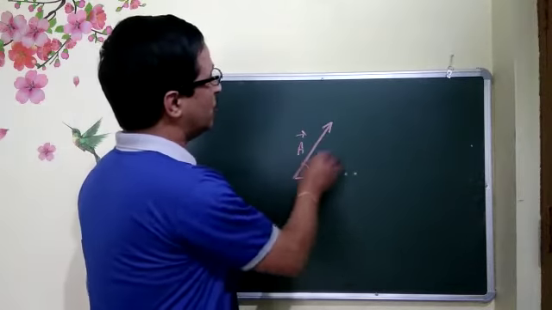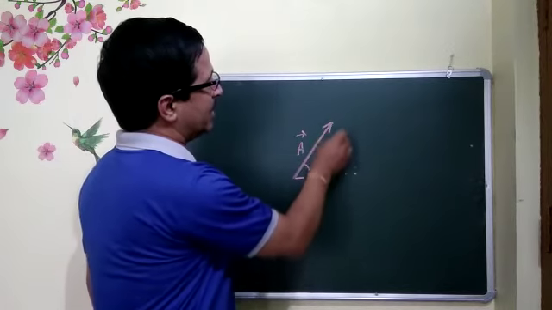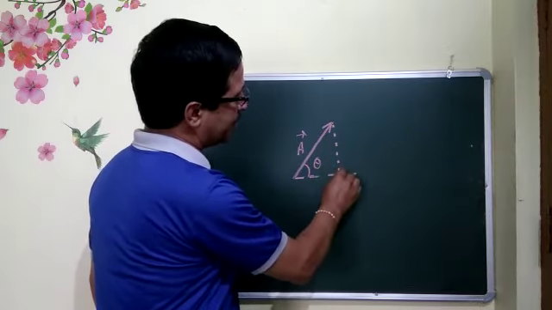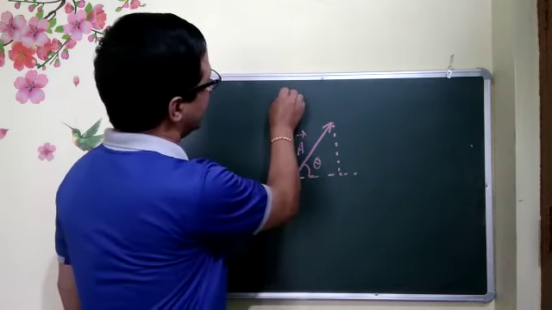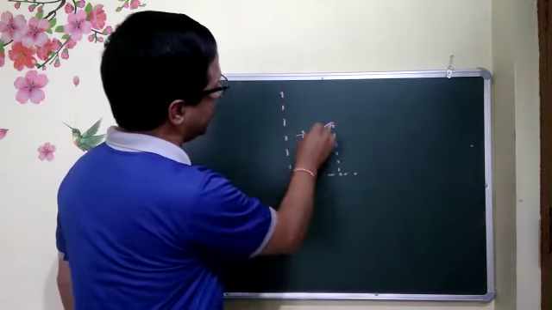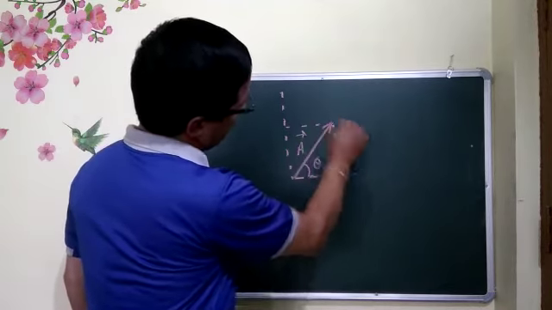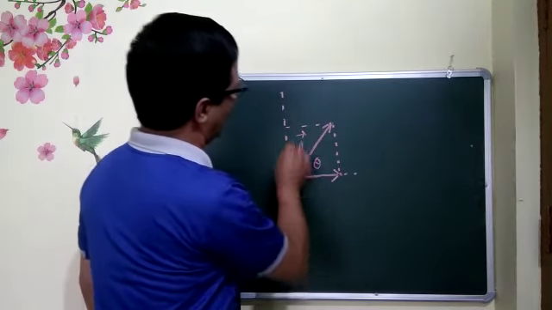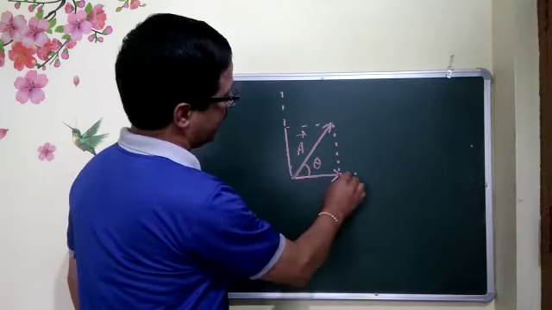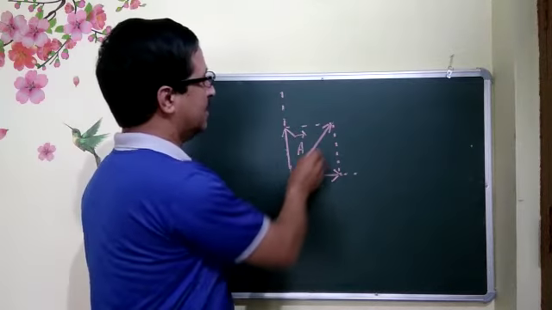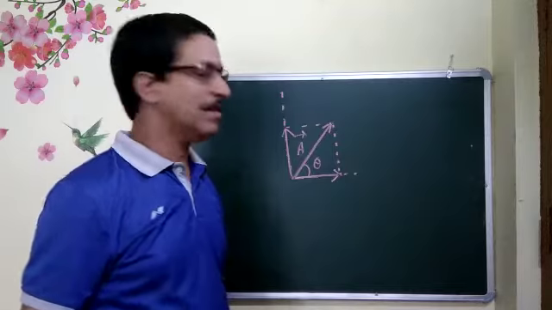For that, what we do, from the tip of the vector we will drop a perpendicular on the x-axis and a perpendicular on the y-axis. Then you can see that this is one vector and this is the other vector, of which this given vector is the sum.